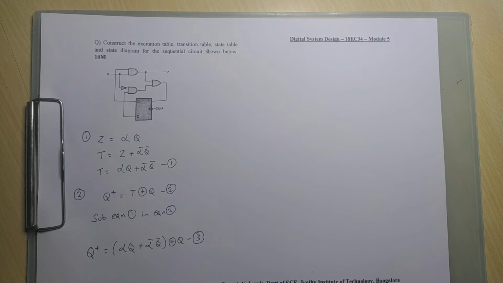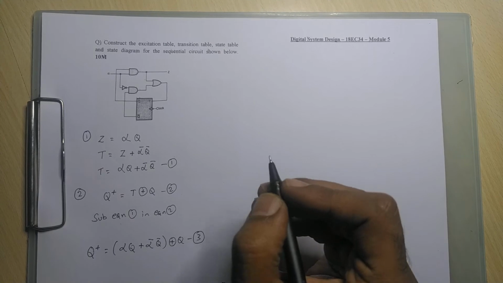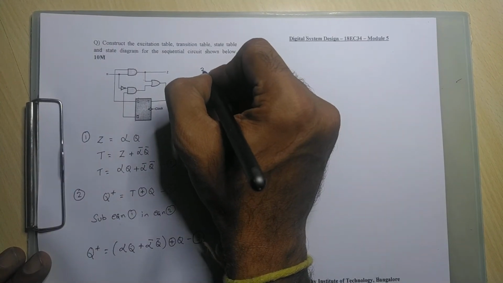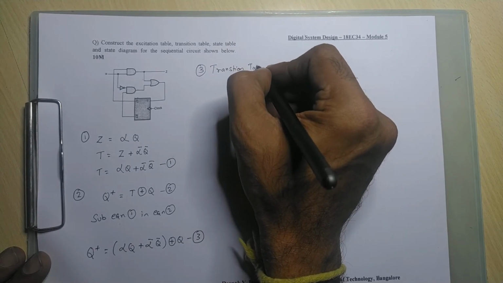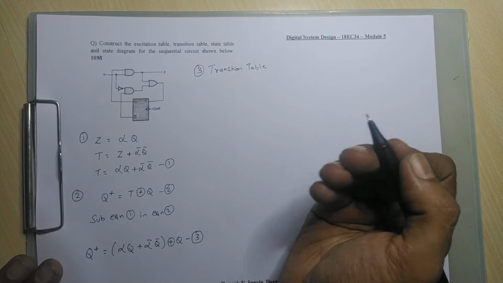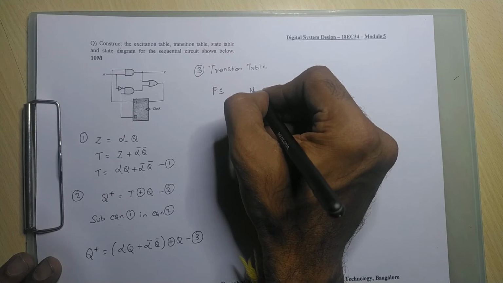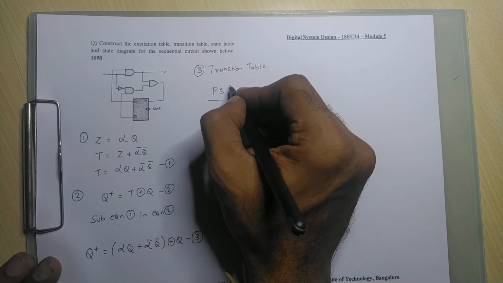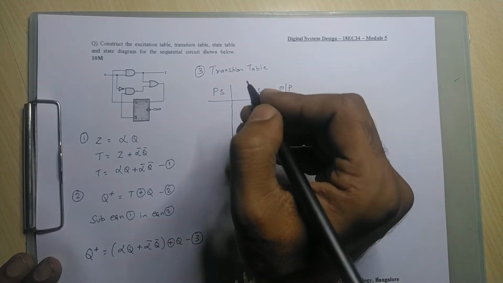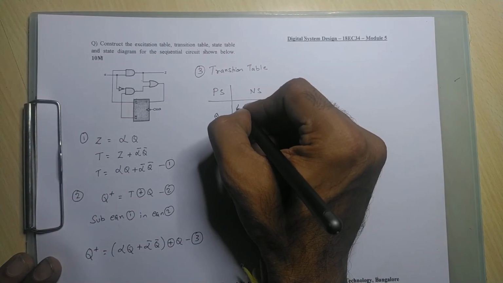Okay, the next step, or the third step, is to plot the transition table. So how do we write the transition table? Now typically the transition table is given by present state, next state and output. Now present state will determine Q. Next state will depend on alpha input.